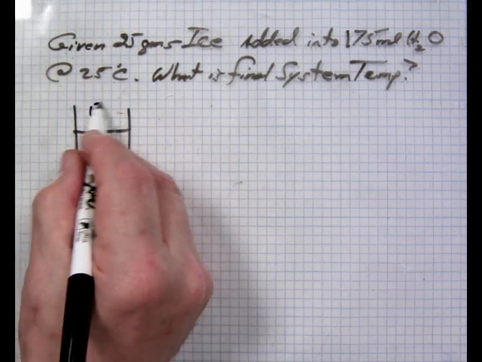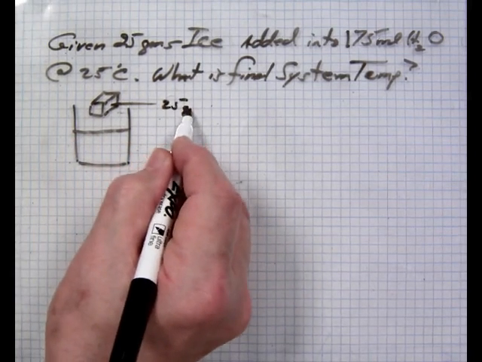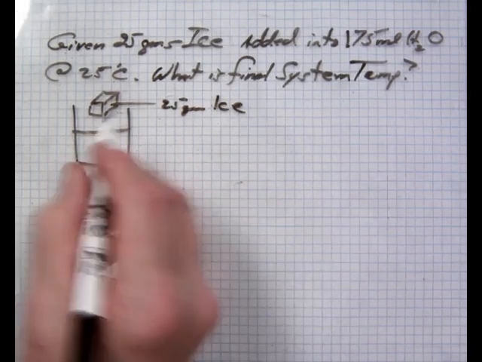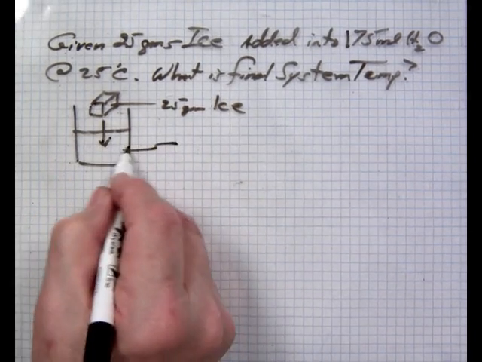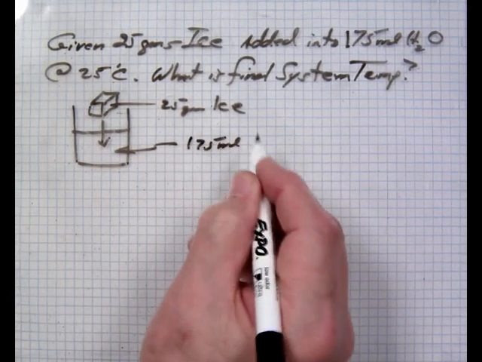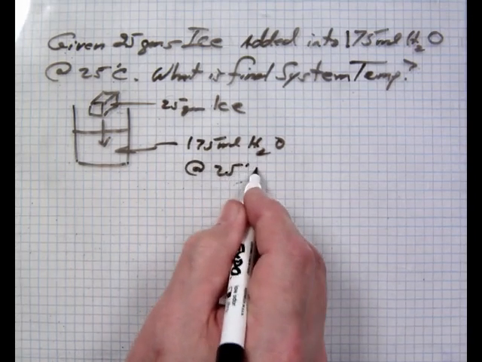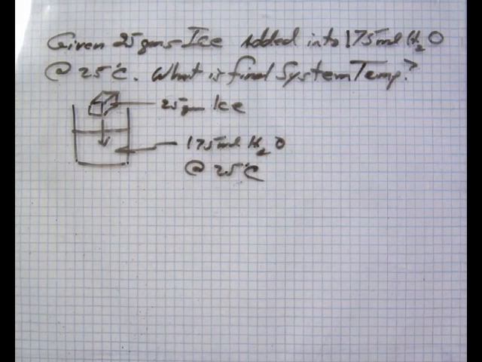So we're taking a block, 25 grams of ice, and we're putting it into 175 milliliters of water at 25 degrees Celsius. And the question is, what's the final temperature? Now, in here, three things are going on, believe it or not.